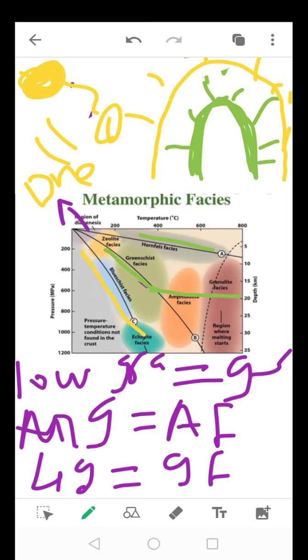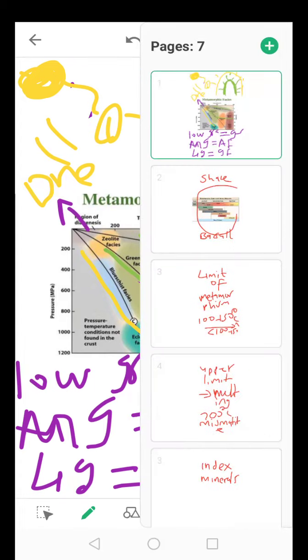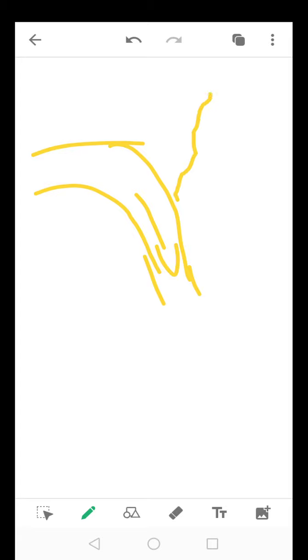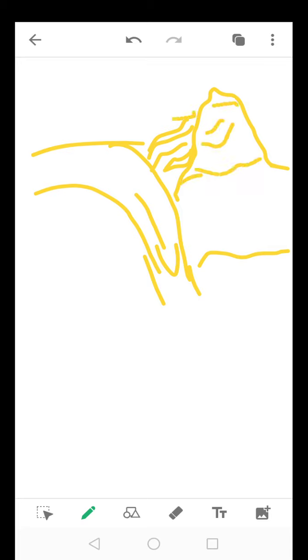Blueschist tends to be formed when, let's say, this plate was going that direction, was subducting, and this is a continental crust. Obviously everything here that is forming folding is a type of blueschist. A rock would be glaucophane blueschist.